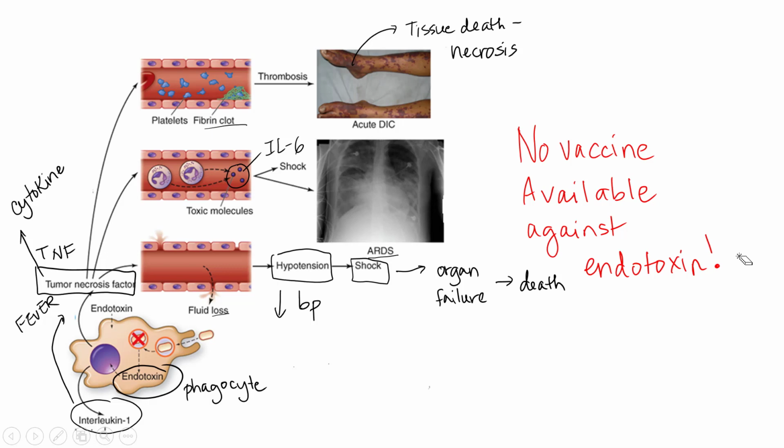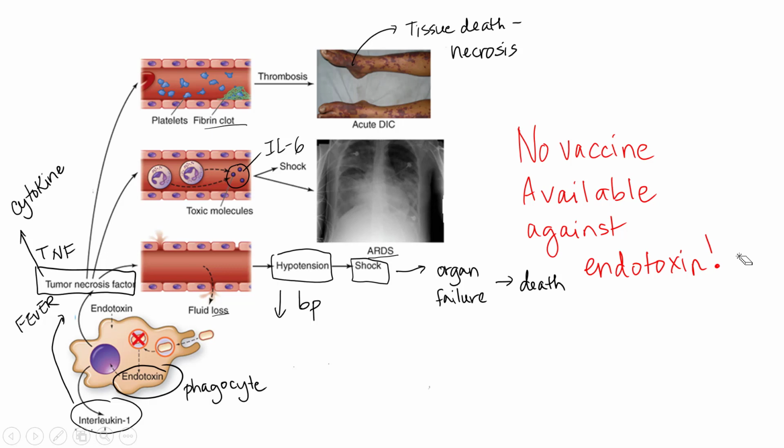Well, notice the very overblown inflammatory response caused by endotoxin. If we vaccinate people using endotoxin as a toxoid vaccine, they will have an overblown inflammatory response that can be potentially deadly.